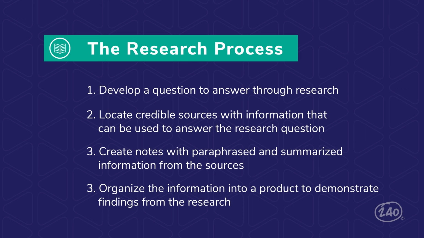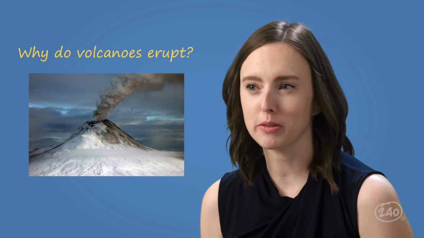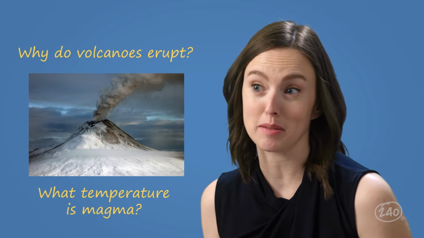Finally, organize the information into a product to demonstrate findings from the research. This may be a graphic organizer, visual presentation, or expository essay. It's important to have a clear objective and a plan. And make sure students are starting with an open-ended question, like, why do volcanoes erupt? Is a better research question than, what temperature is magma?